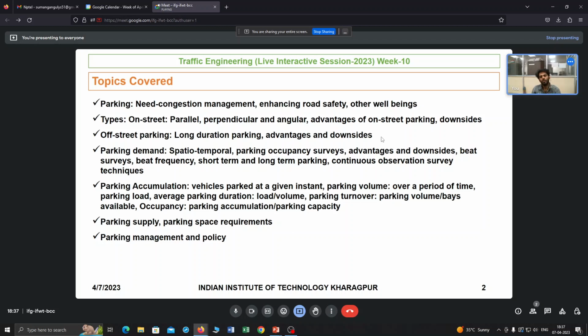If you calculate the vehicle hours, 1 vehicle for 5 minutes, 2 for 10 minutes, 3 for 15 minutes, and so on. So vehicle hour means it is the parking load.